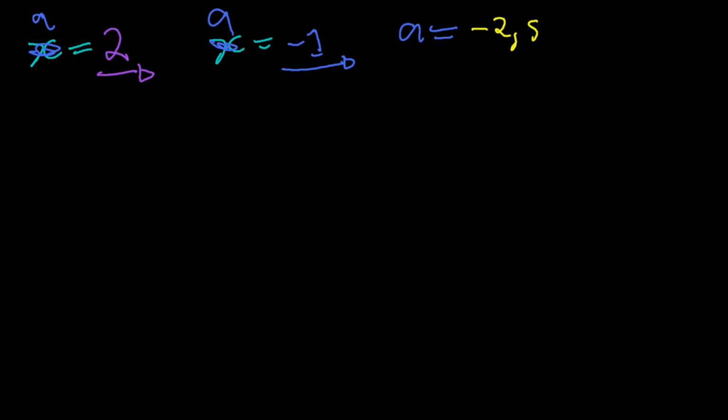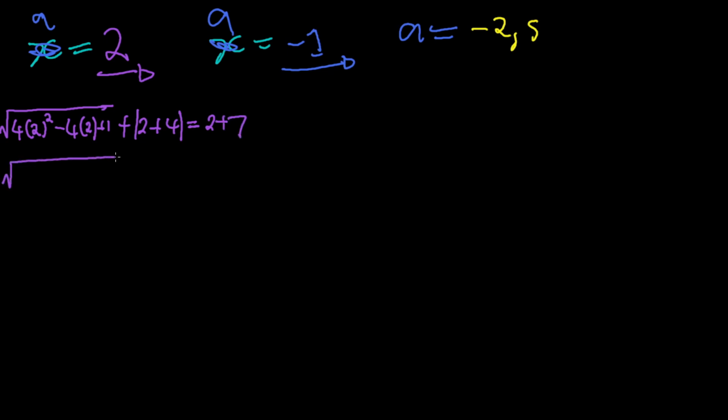Okay, so let's first try out 2. Let's just sub it into the equation, and you get square root 4 times 2 squared minus 4 times 2 plus 1 plus the absolute value of 2 plus 4 is equal to 2 plus 7. Now let's test this out.